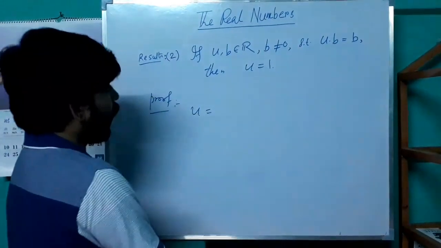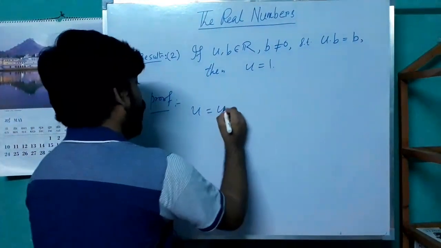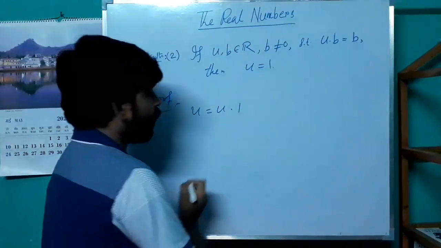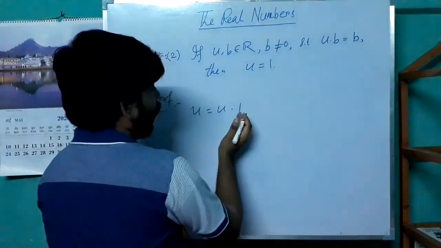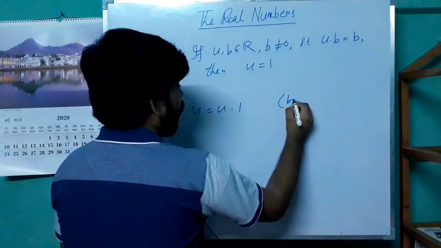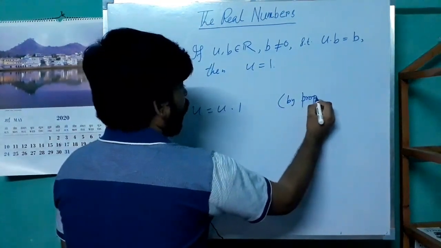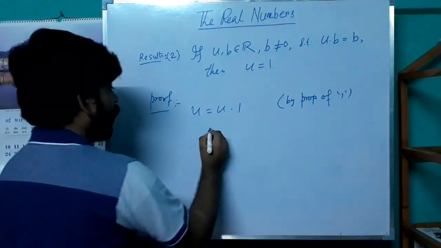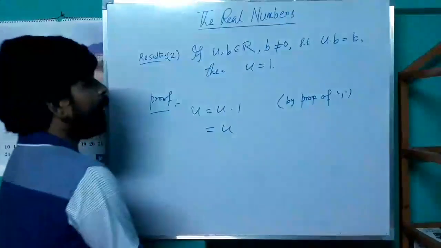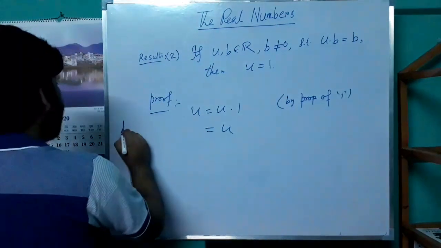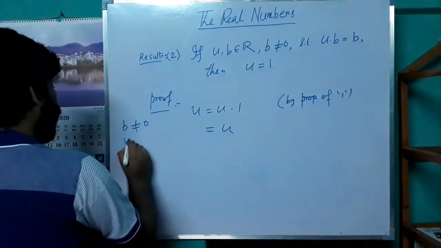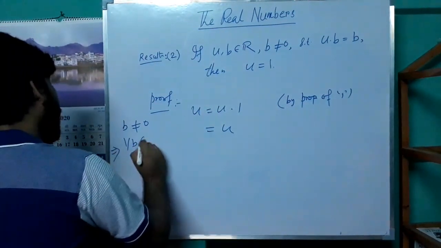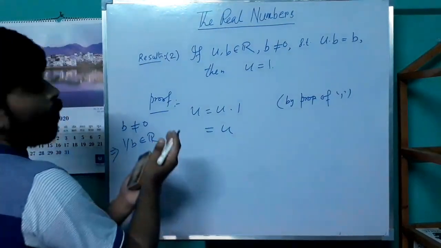We can write U equal to U dot 1. This is the property of 1. Since B is a non-zero element, 1 by B exists. So the reciprocal of B exists.